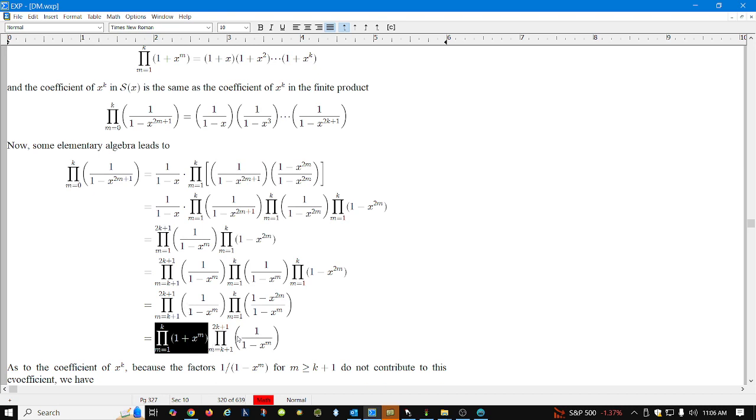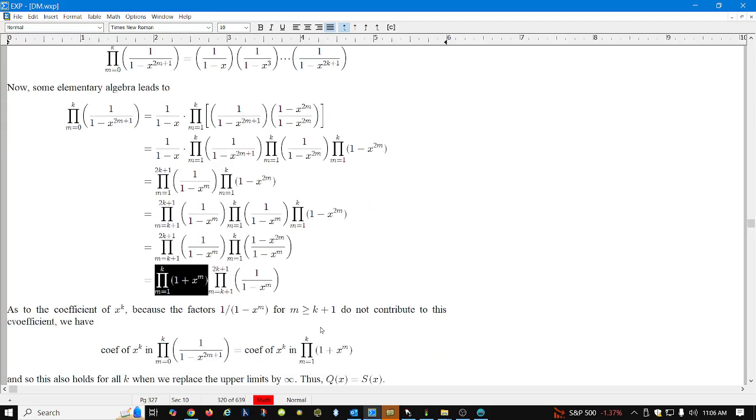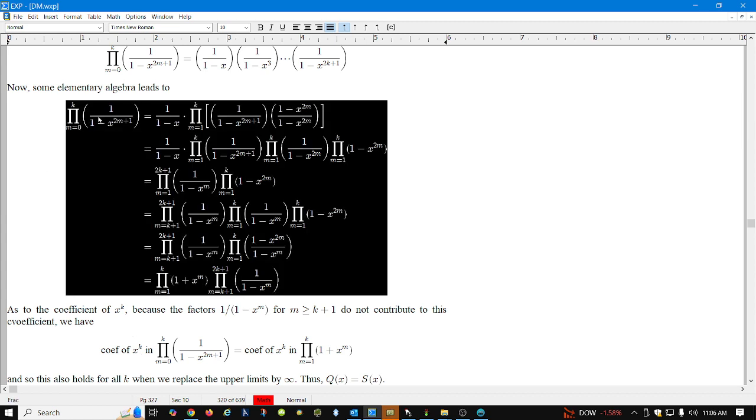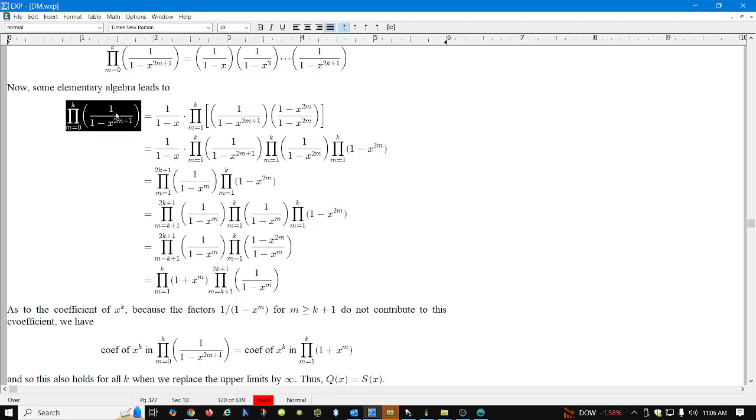We still have this factor. But remember why we're doing this. We're trying to examine the coefficients of x to the k on both sides. This does not contribute to that coefficient. So the coefficient of x to the k in this is the same, it's right here, as it is in just this part.